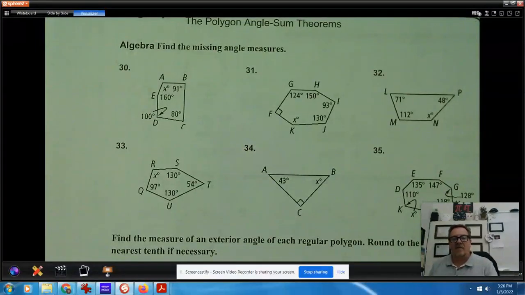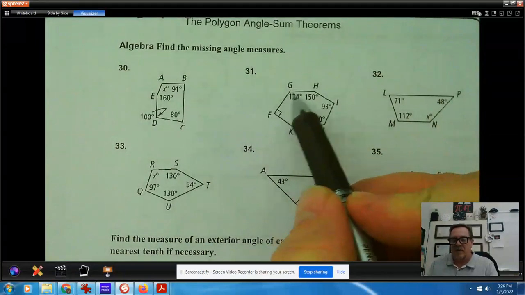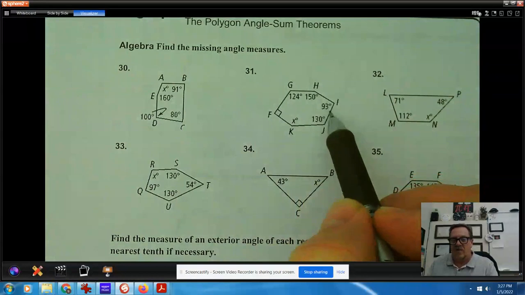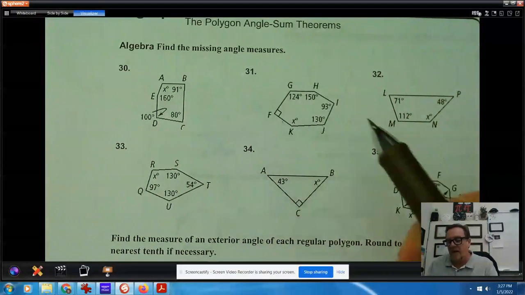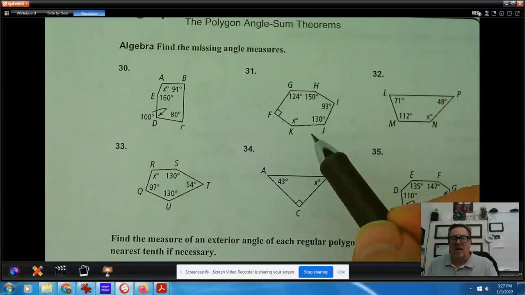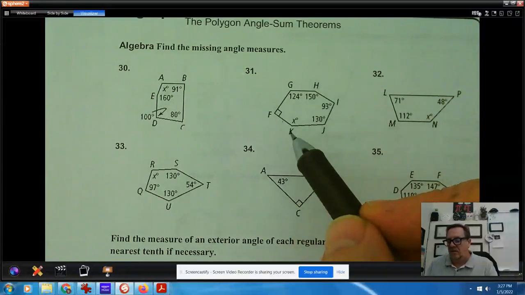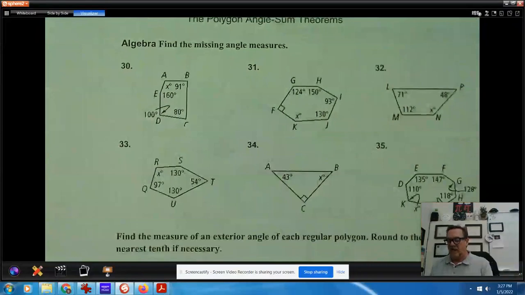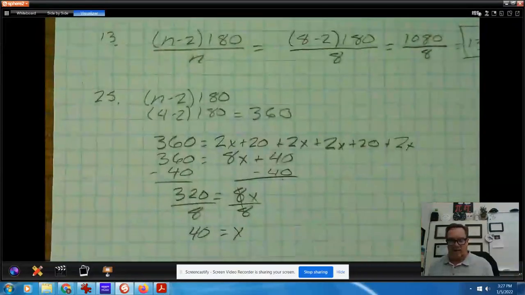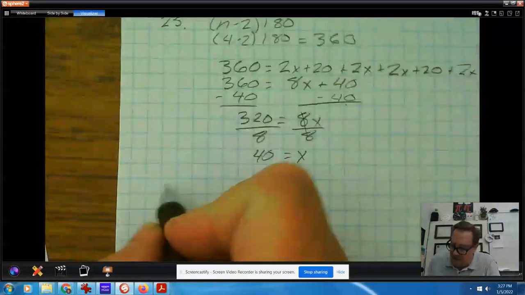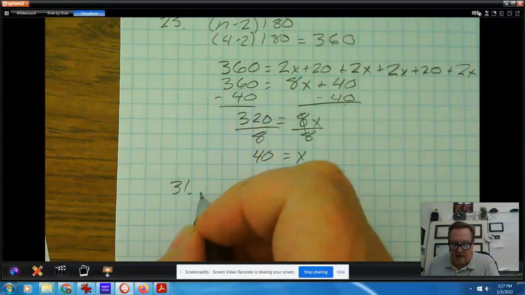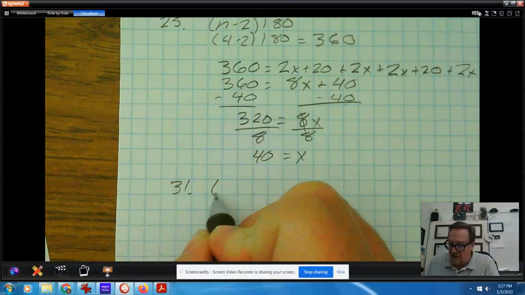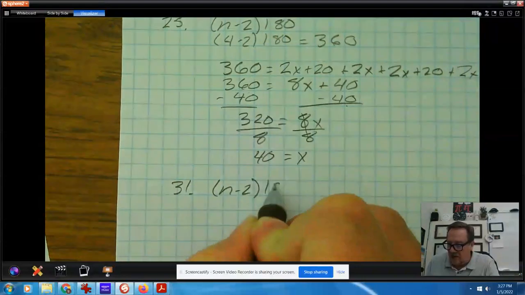Here we have some unknowns, and again, all we have to do is figure out how many sides there are. 1, 2, 3, 4, 5, 6 sides. N minus 2 times 180 will tell us what they would total. And then we can just subtract it. So let's figure out number 31 together. 31, remember it's n minus 2 times 180.